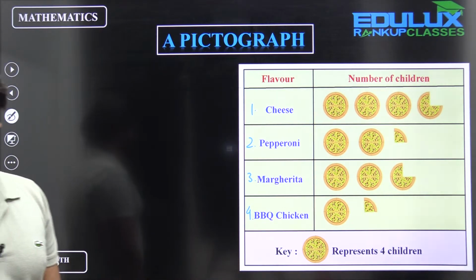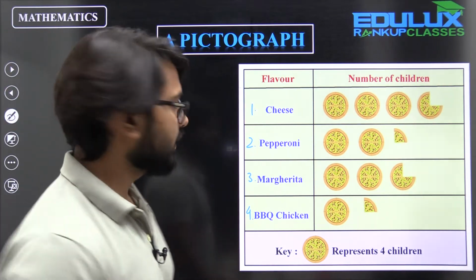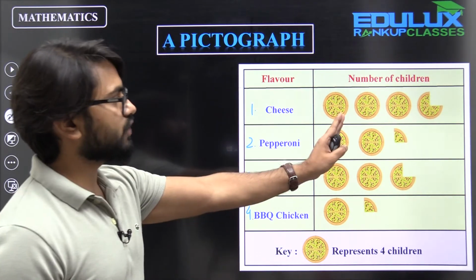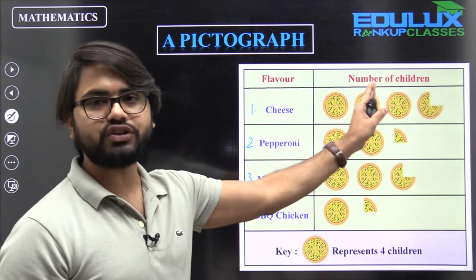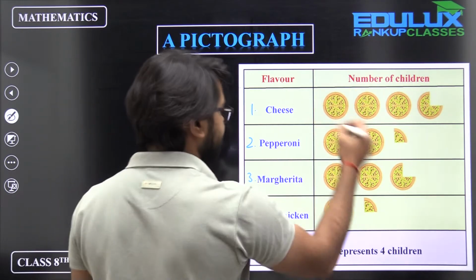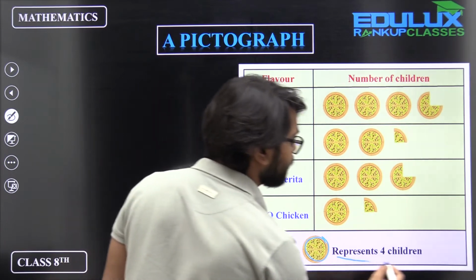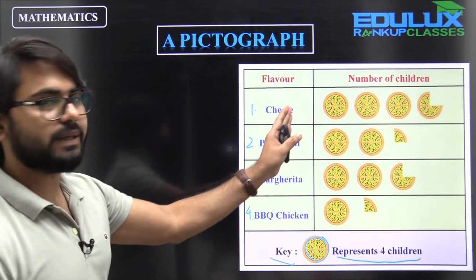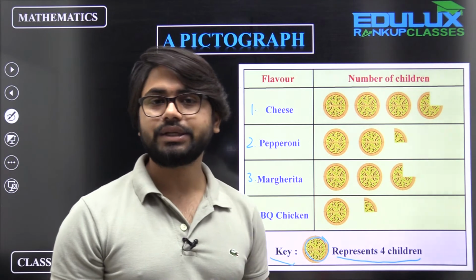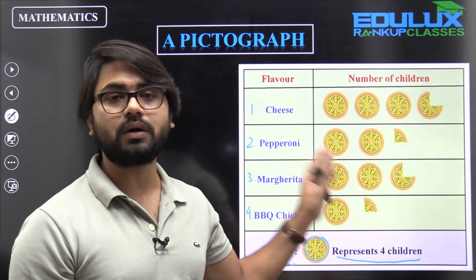Here we have 4 types of pizzas, and the number of children is given in terms of pictures, where one complete pizza represents 4 children. So in terms of pizza, we have represented the number of children. This is called a pictograph.